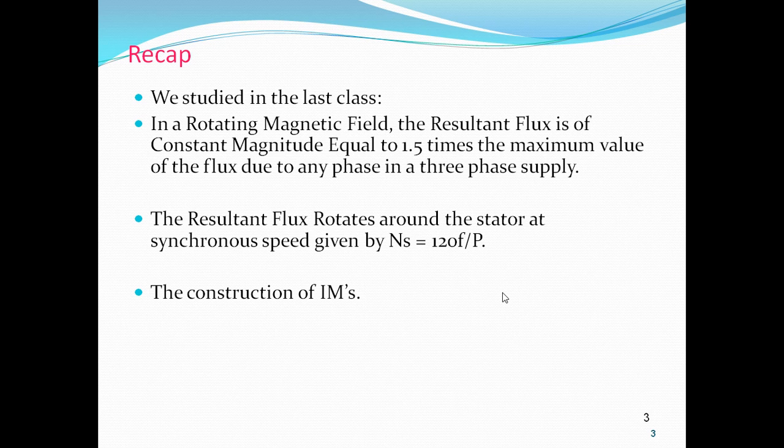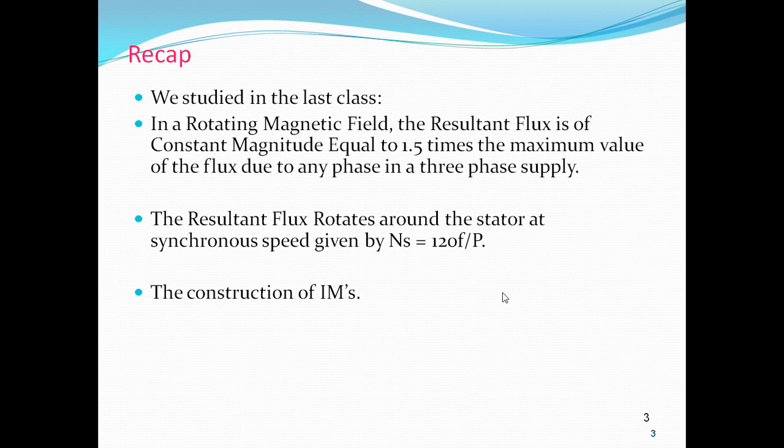At any instant, if you see at 0 degrees, 45, 90, 120, 150, 240, 270, at any angle, the magnitude is the same, that is 1.5 times the maximum flux.